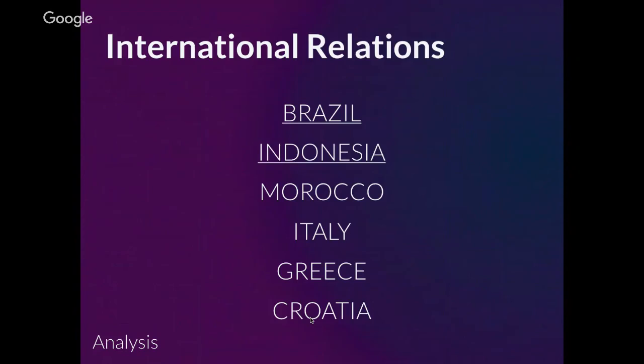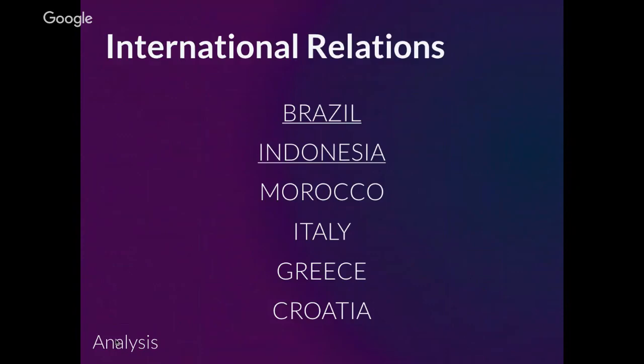The only partners that were actually elected and selected to go forward are Brazil and Indonesia, based on approvals, because Brazil is giving us 30% of our approvals and Indonesia around 20%. So these are the partners that we are choosing to work with for this term as well. And the other partners that you see, Morocco, Italy, Greece, Croatia, are mostly based on the applicants and some conversion rates that we saw that are interesting and that we wanted to look forward to.